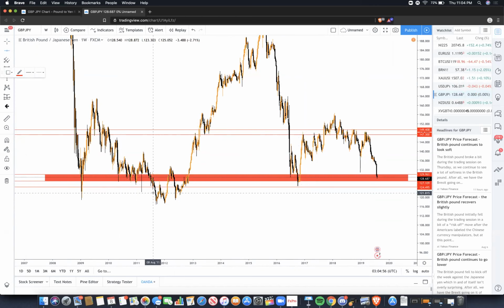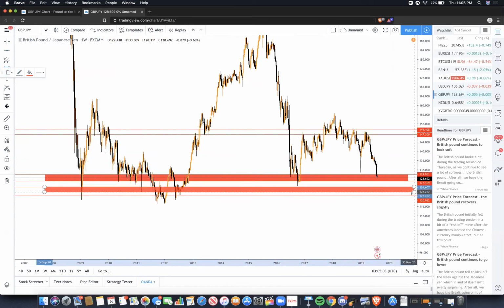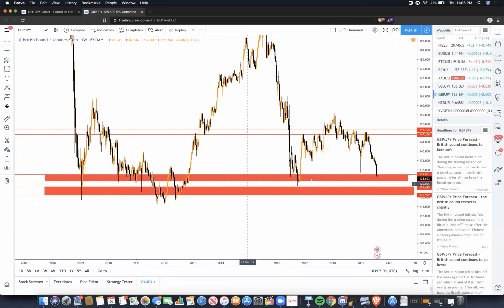So if this was the low, let's say this was the next low, I can identify the zone here. What confirms this possible zone? The market faked out a few times over here, and it wasn't until the market retested that zone and shot up.